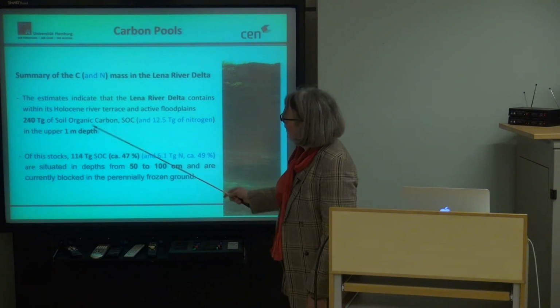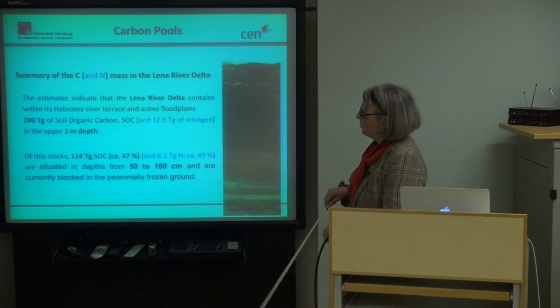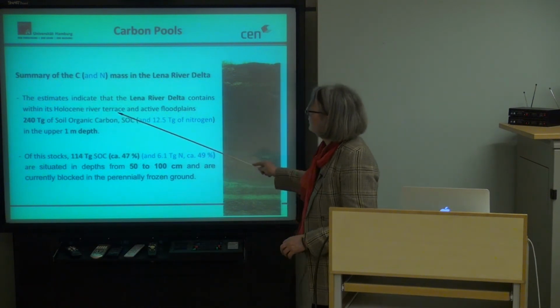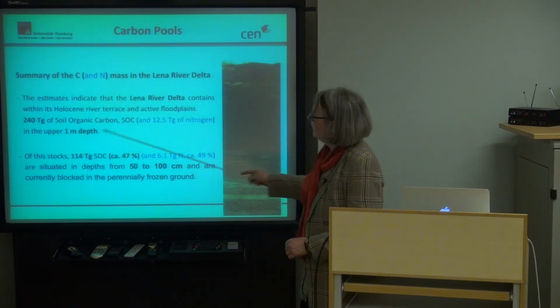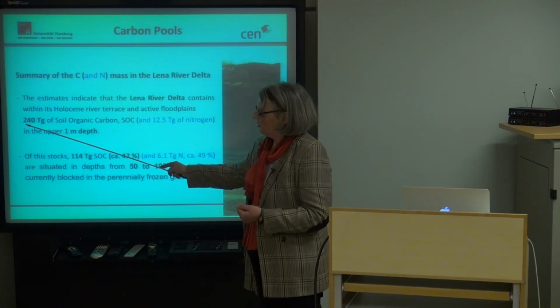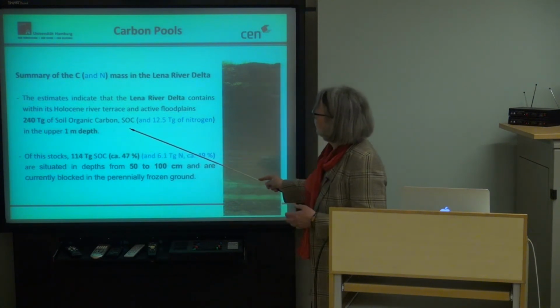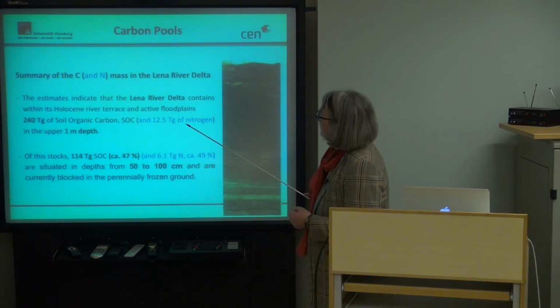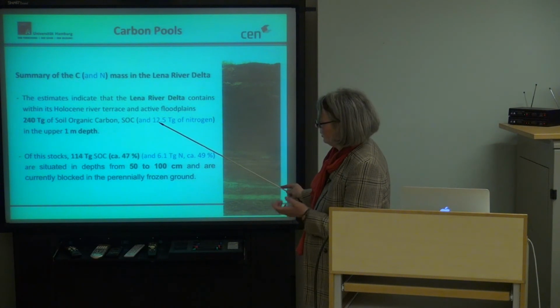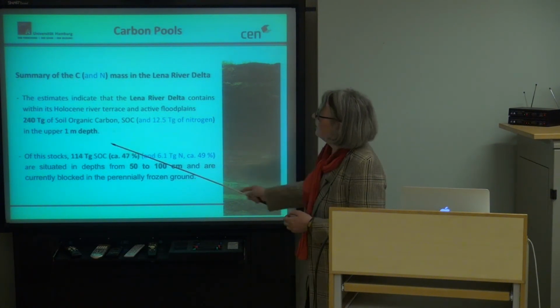And we could say that the estimates indicate that the Lena River Delta contains within the Holocene river terraces and the active floodplain a lot of carbon, which is counted 240 teragram of soil organic matter. And if you take the nitrogen into account, we have 12.5 teragram nitrogen in the upper soil.